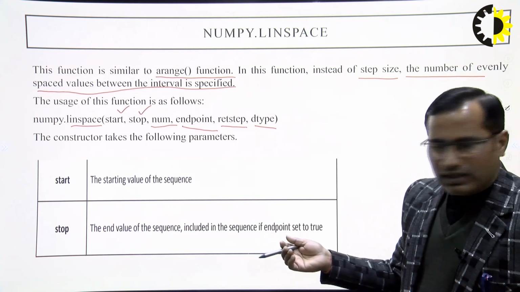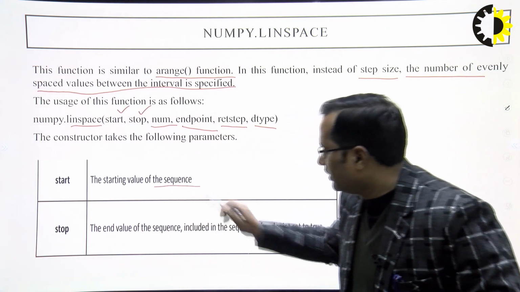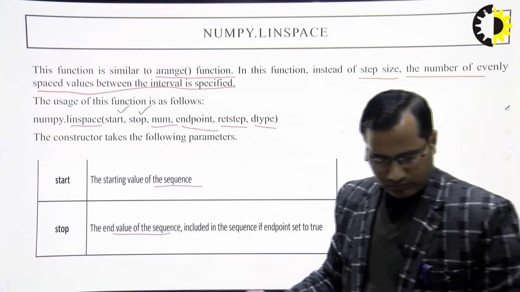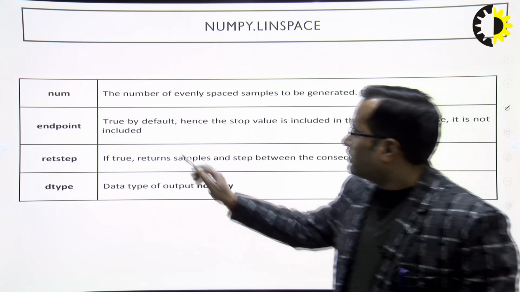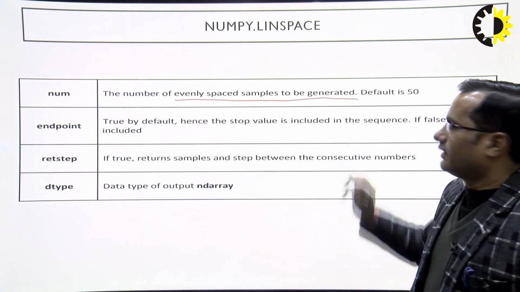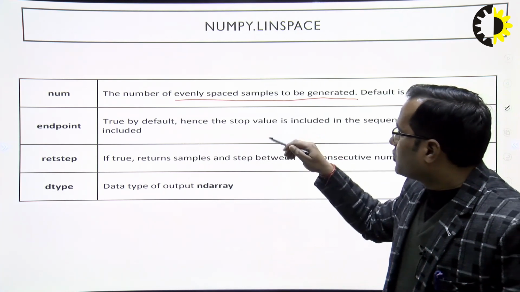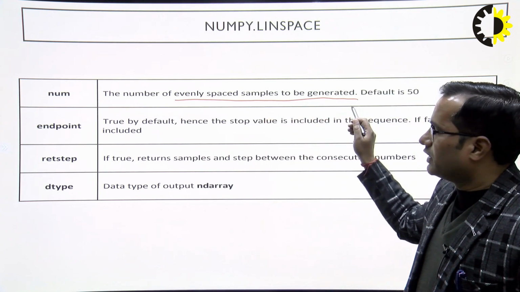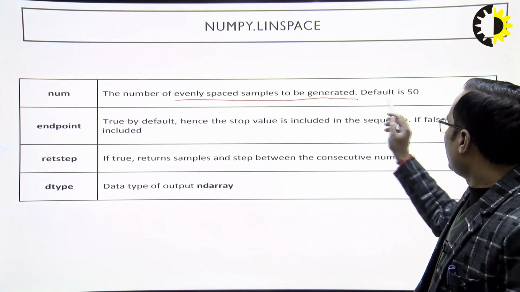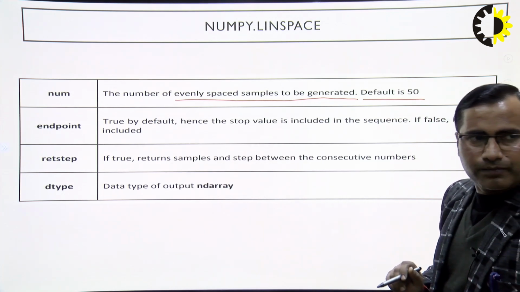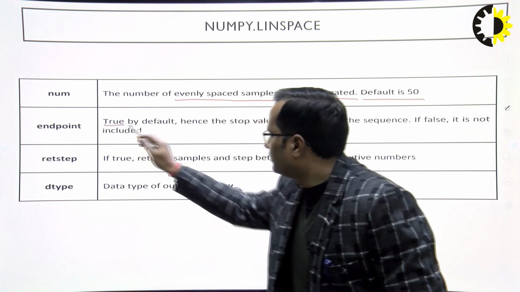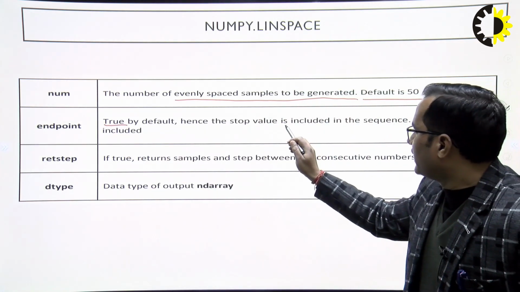So start is the start value of the sequence, stop is the end value of the sequence, and what is the num parameter? The number of evenly spaced samples to be generated. How many evenly spaced samples we want to be generated, we have to provide in the num parameter, and the default value is 50. Endpoint: the default value is true, hence the stop value is included.